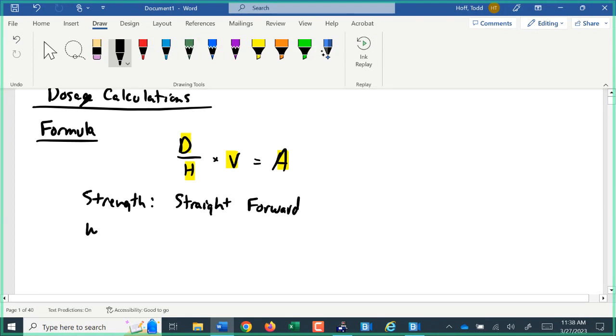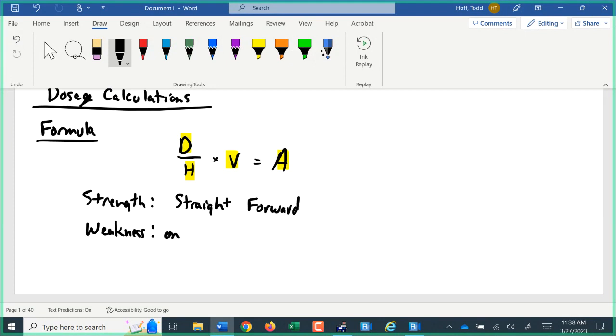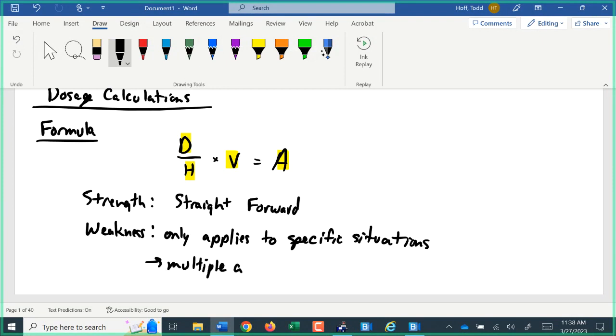But that's also part of the weakness of it. It only applies to certain situations. We saw that in a couple of situations, it might have to be applied more than once, so multiple applications for complicated problems.